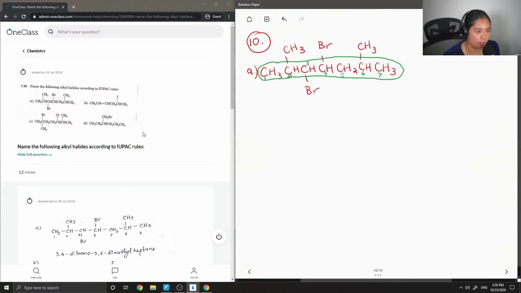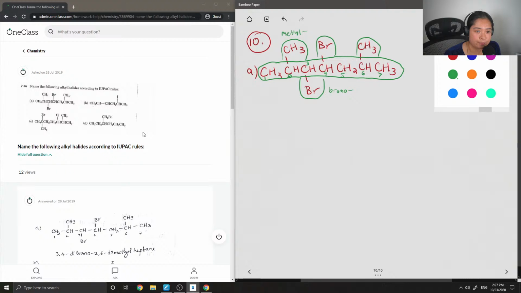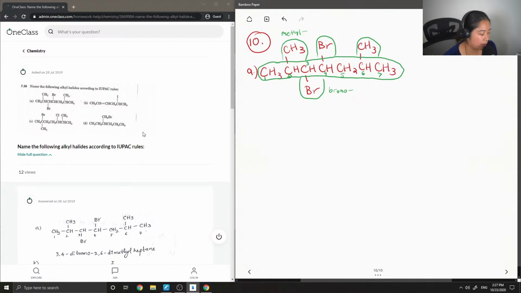And now I want to look at all my different substituents. We have a methyl group here and here. And then we have 2 bromine groups here. And those are the prefixes we would use. So putting it all together in alphabetical order, I'm going to do bromo first.